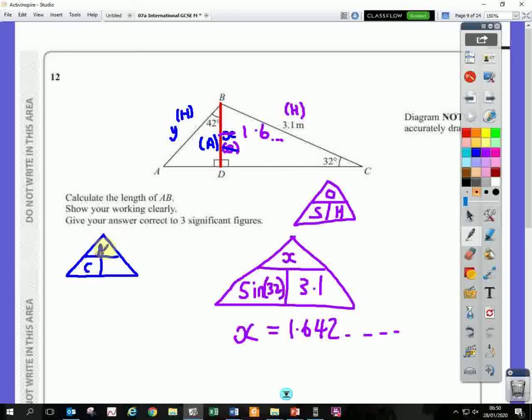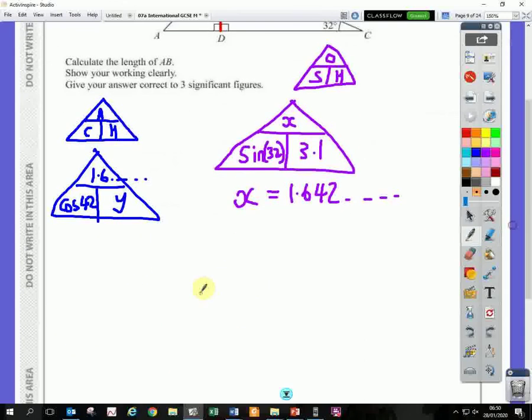So draw the CAH triangle and attempt to fill it in again. We have cos 42, A on the side here is 1.642, etc., the entire display, and we have the hypotenuse, which is Y. If you cover Y, it's 1.642, etc., divided by cos 42.